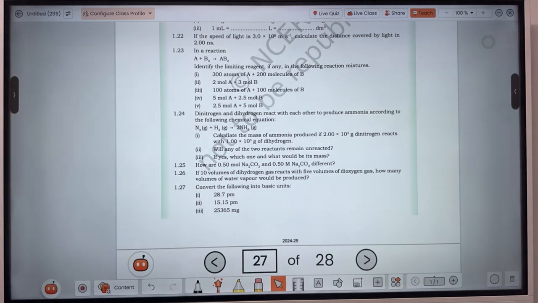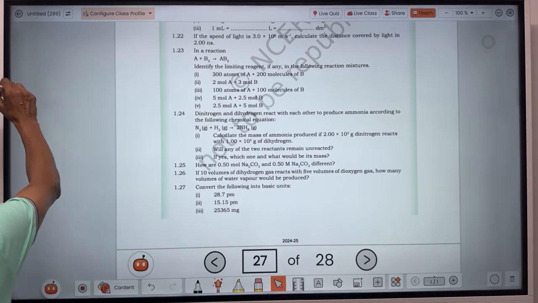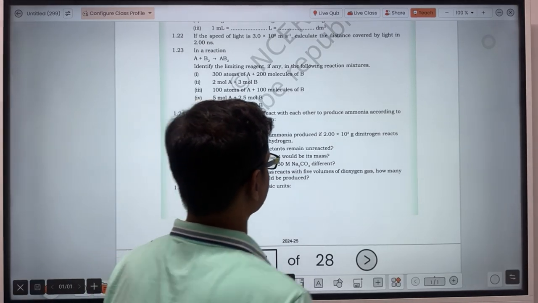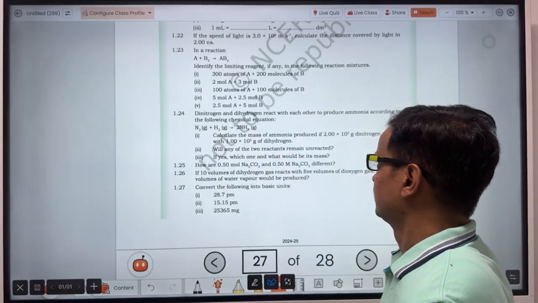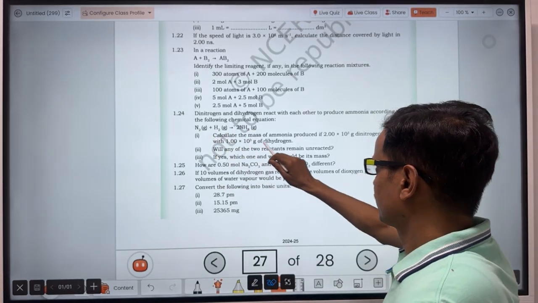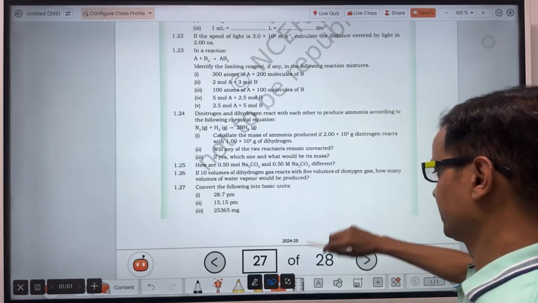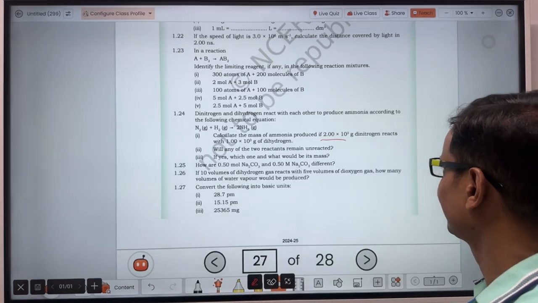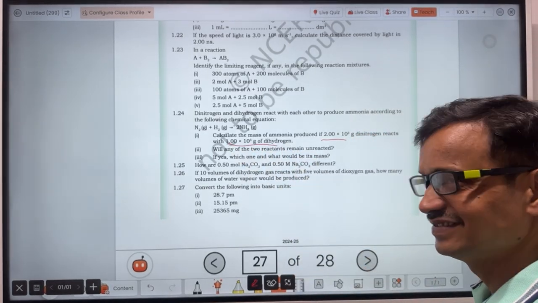Now let's see question number 1.24. Nitrogen reacts with hydrogen and forms ammonia. The question is: calculate the mass of ammonia produced if 2 into 10 power 3 gram, that means 2 kg, of dinitrogen reacts with 1 kg of dihydrogen.